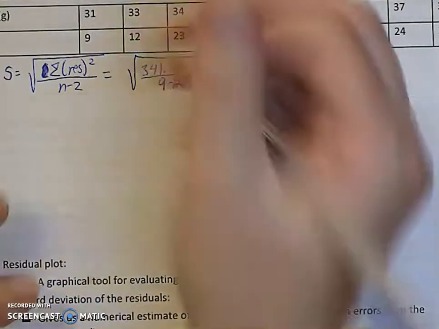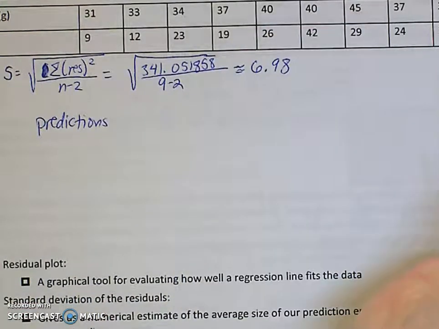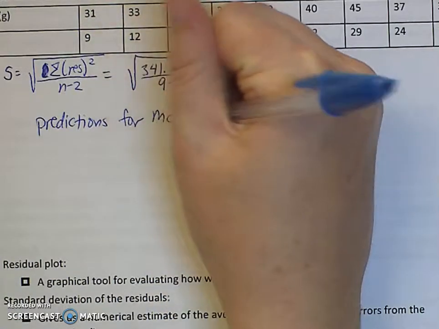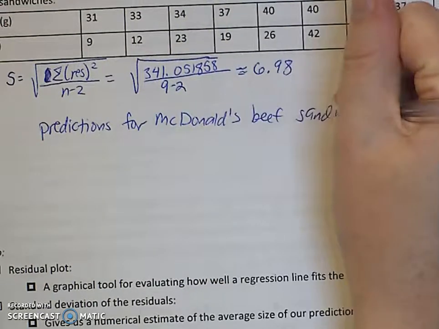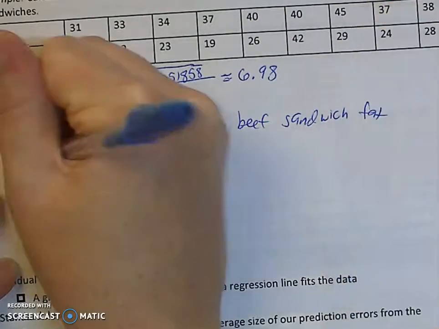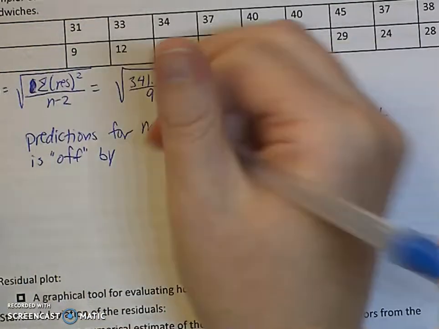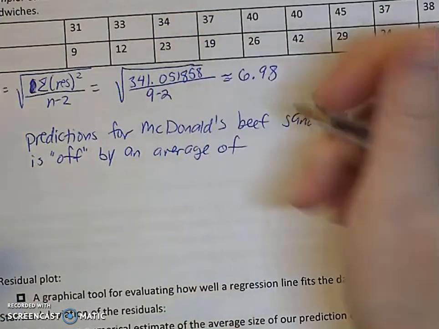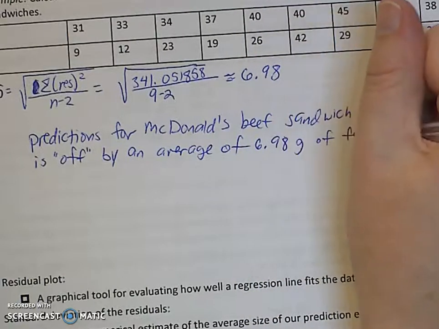Well, I can say that predictions for McDonald's beef sandwich fat, always include your context, is going to be off by an average of 6.98 grams of fat.